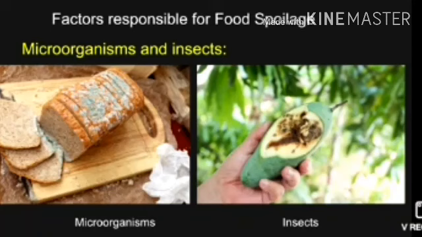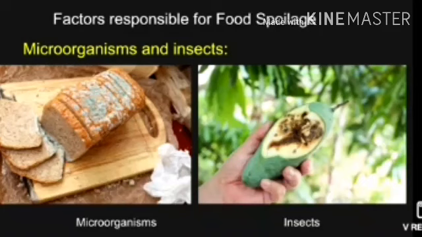When microorganisms grow in the food material, or it comes in contact with insects, there is a chance of food spoilage. See in the picture that bread, there is a growth of fungus, as it has come in contact with microorganisms. That is the reason for food spoilage. So these all are the factors responsible for food spoilage.